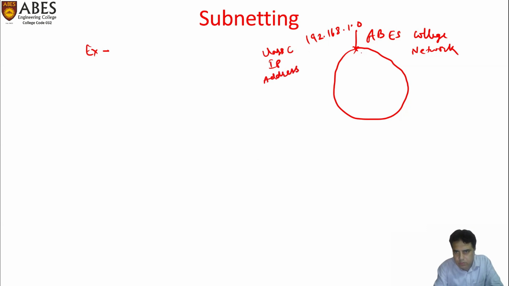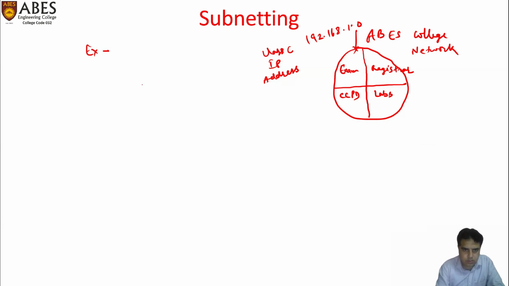Suppose we have to divide this huge network into 4 smaller subnets. This is for the exam department, this is for the registrar office, this is for CCPD, and this is for labs. Now, how do we divide this network into these four subnets?